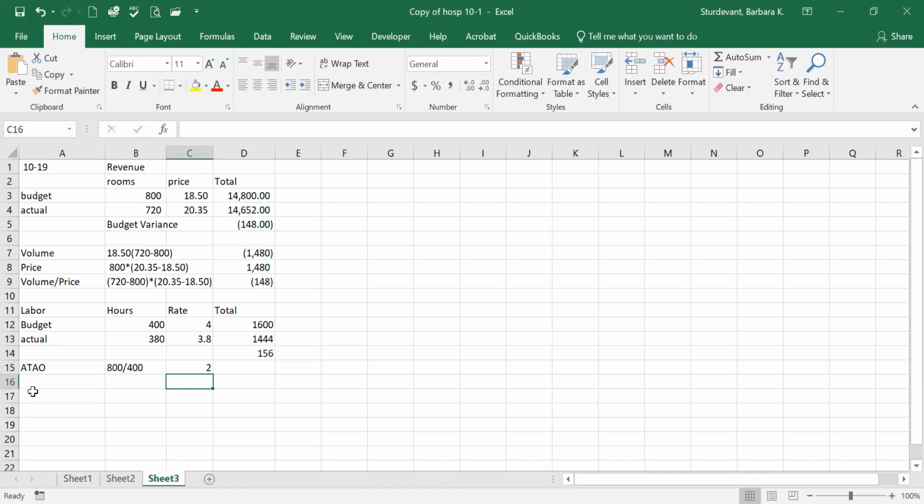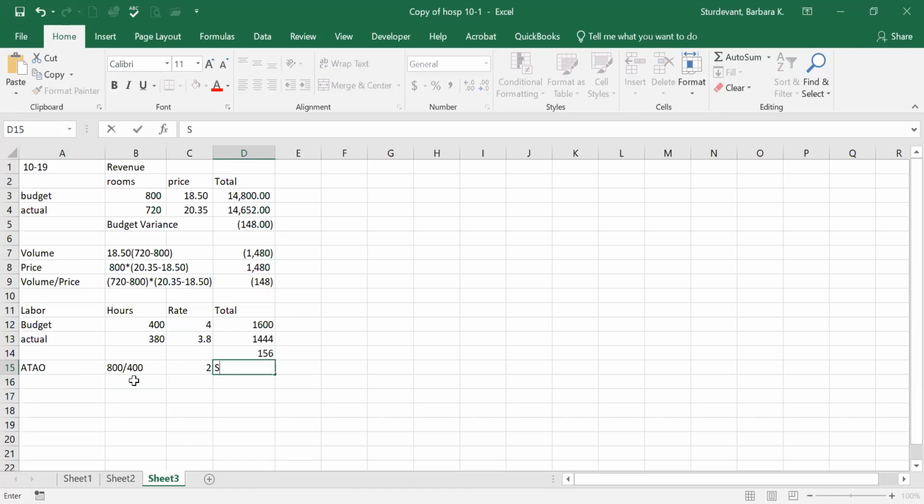All right, so we got to use a combination of stuff from up here and down here. We need to figure out what our ATAO is.